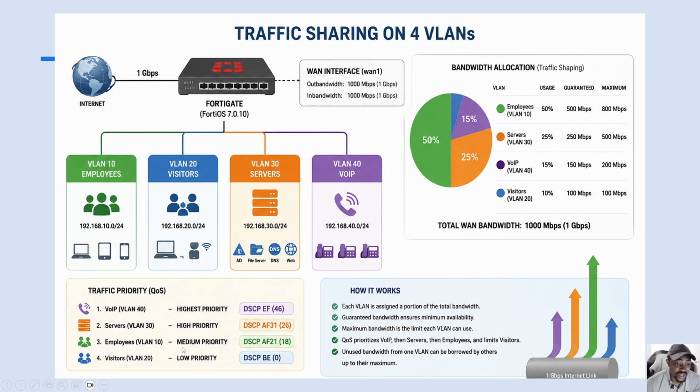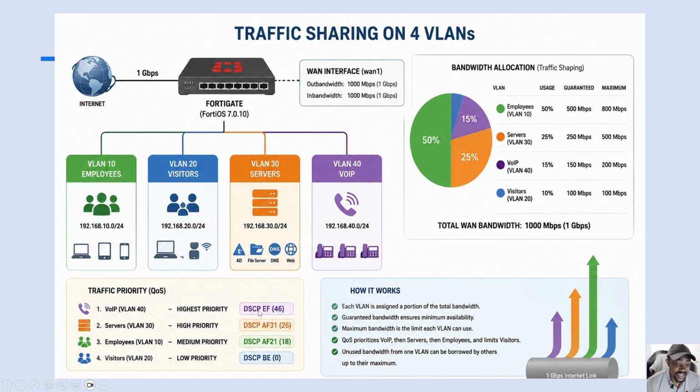You need to make sure that in case there is traffic on voice over IP, that VLAN should be prioritized and bandwidth should be made available for it. So that's the difference between traffic priority and bandwidth allocation.